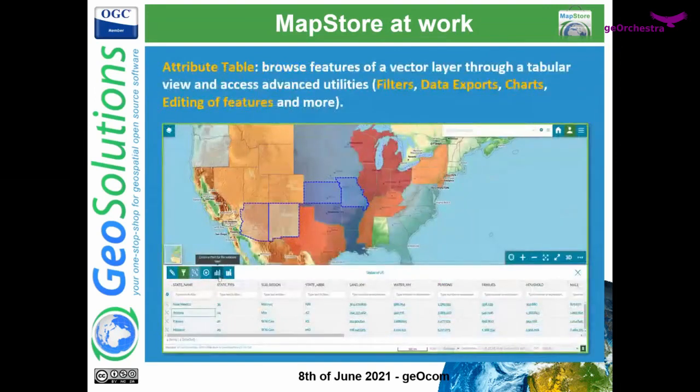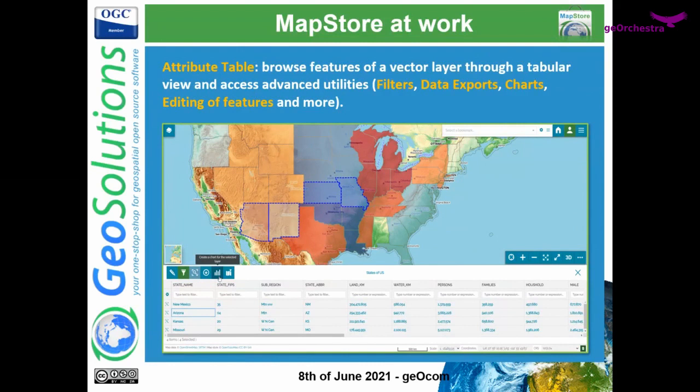One of the most common tools of MapStore is the attribute table. The attribute table is used to browse features of a vector layer in a tabular view, and here you can leverage advanced or not advanced capabilities, like the possibility to edit data through the WFS service.